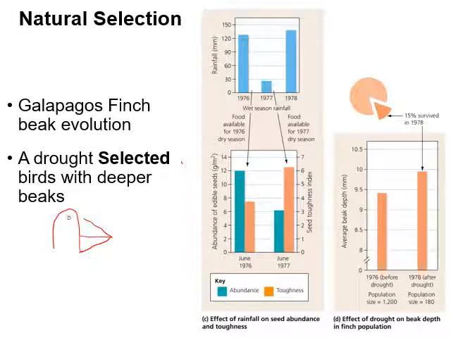All right, so there's my angry bird finch with that beak. And some finches have a beak that looks more like this. The difference that you see there is in what's known as the depth of the beak. So this bird has a really deep beak. This bird has a really shallow beak.